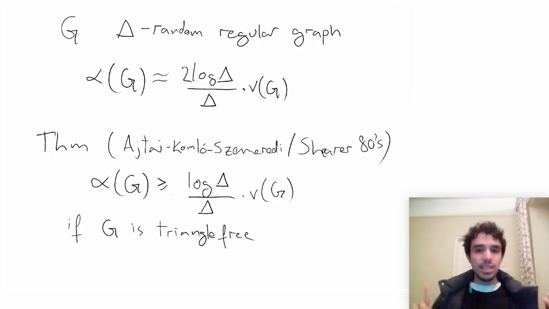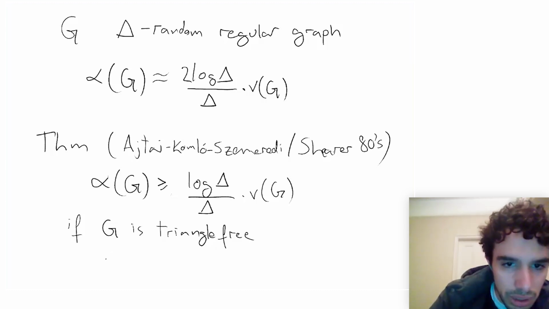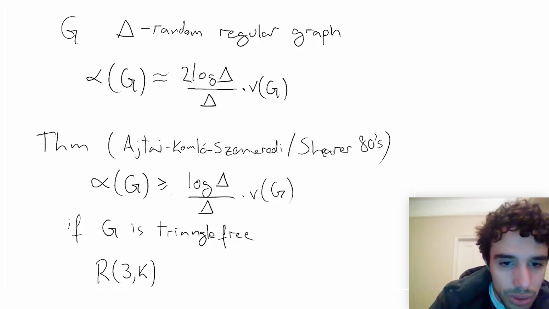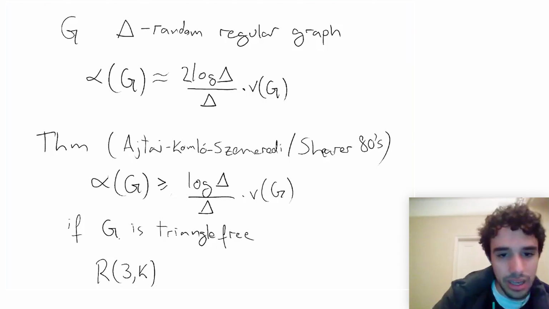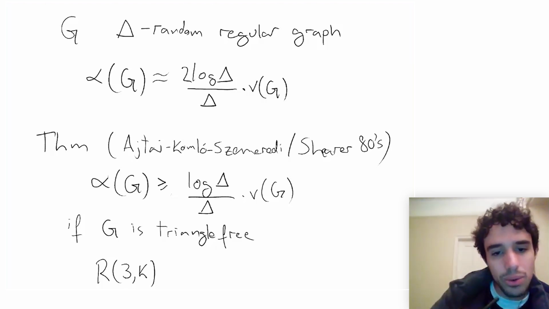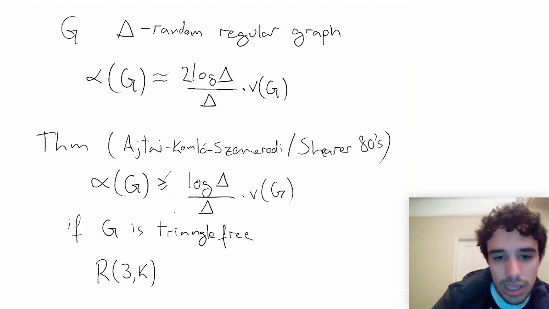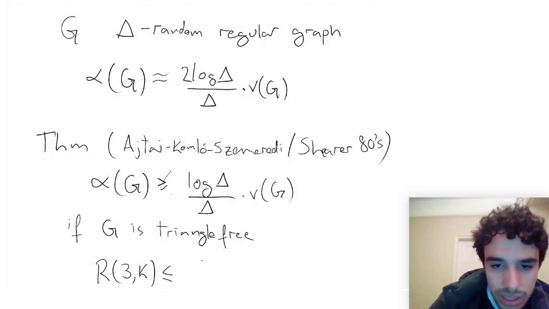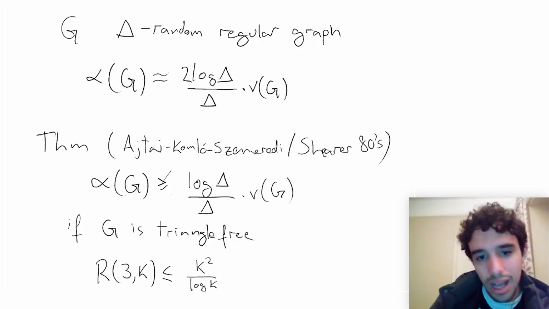So you can apply this result to show that R(3,k), where you want to know the Ramsey number of the triangle with red versus a k-clique with blue, is at most k squared over log k by applying this result here. So this is the way to show this.